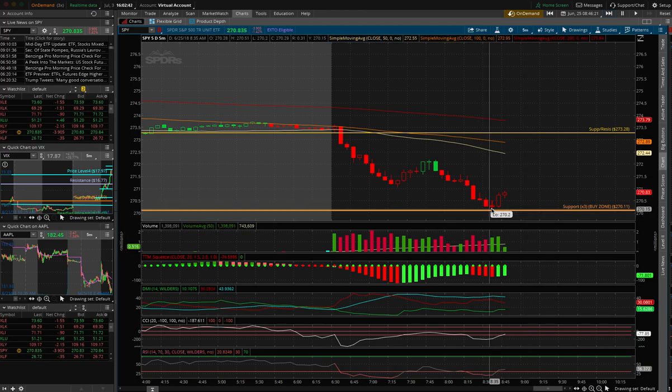So if you would have gotten a small position here, you would have had a 60-cent move in 5 minutes. It's a pretty big move. I would still wait a little bit.